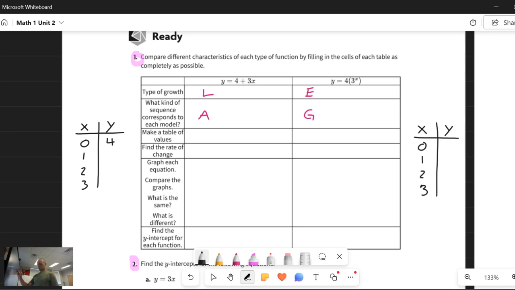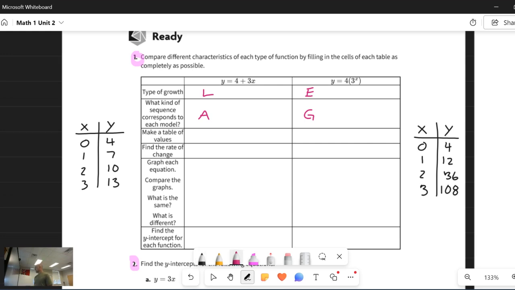So if I go through, we get 4, 7, 10, 13. Great. Over here for our exponential, we get 4, 12, 36, 108. That's great.